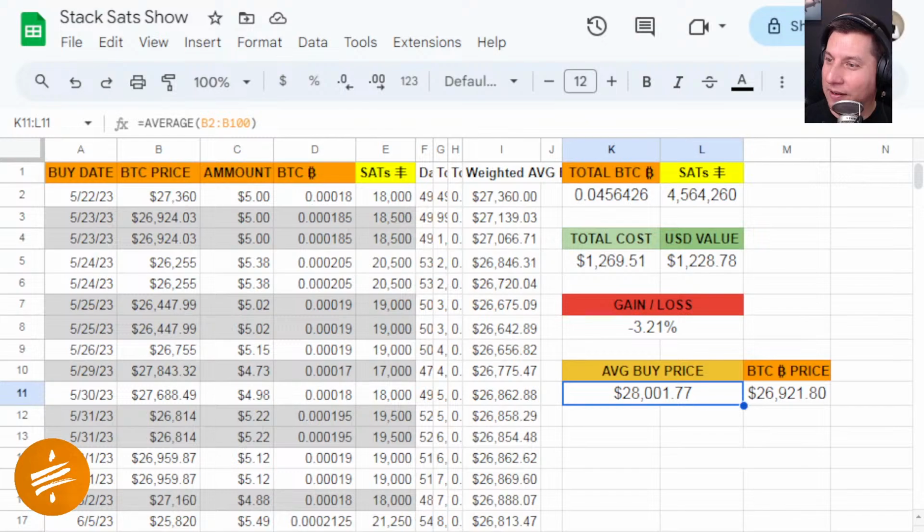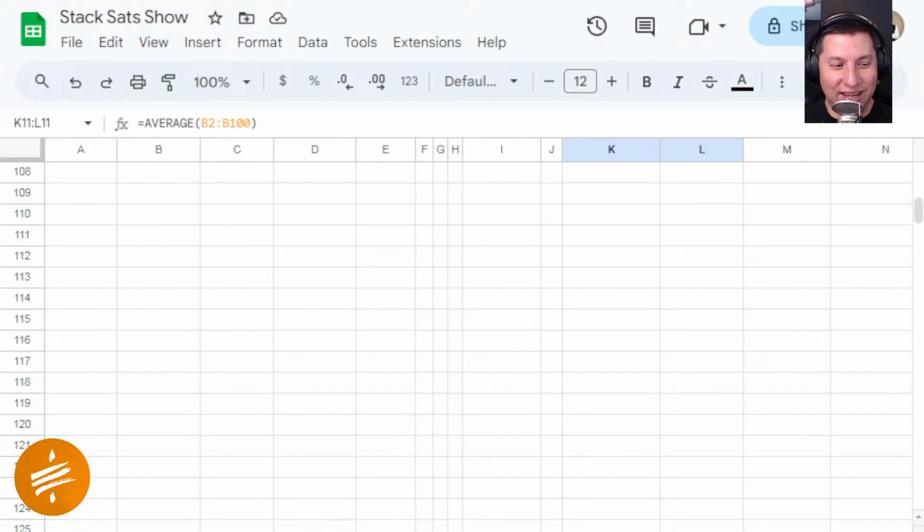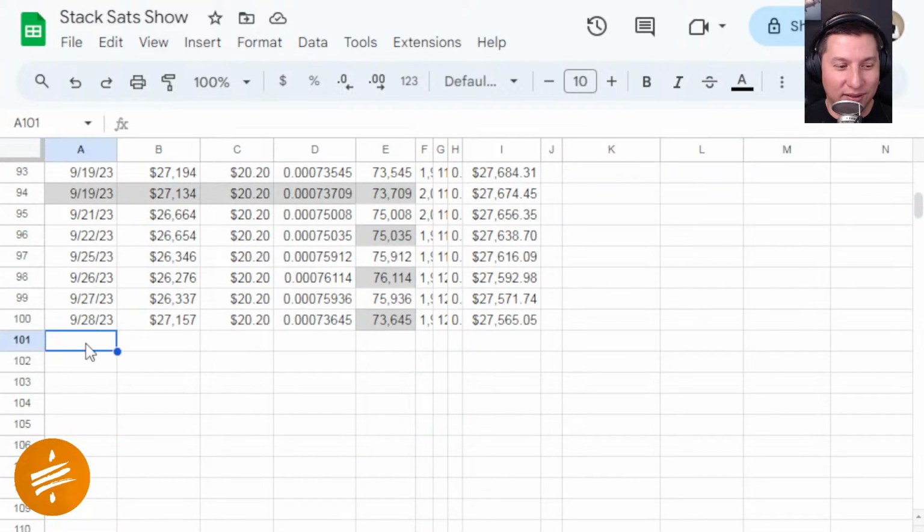And now we go and update our spreadsheet with today's buy, and see how that affects our overall sat count. Gee, look at that. Man, it's a lot of purchases. 9, 29, 23.